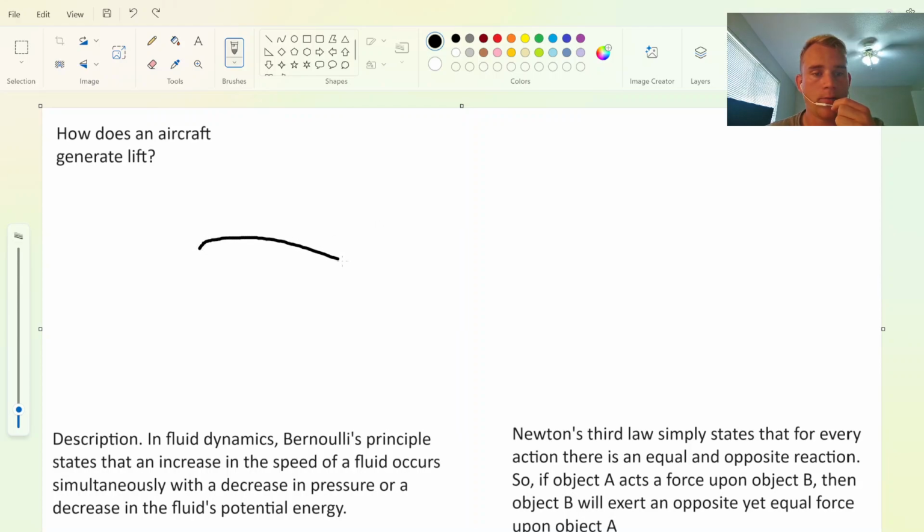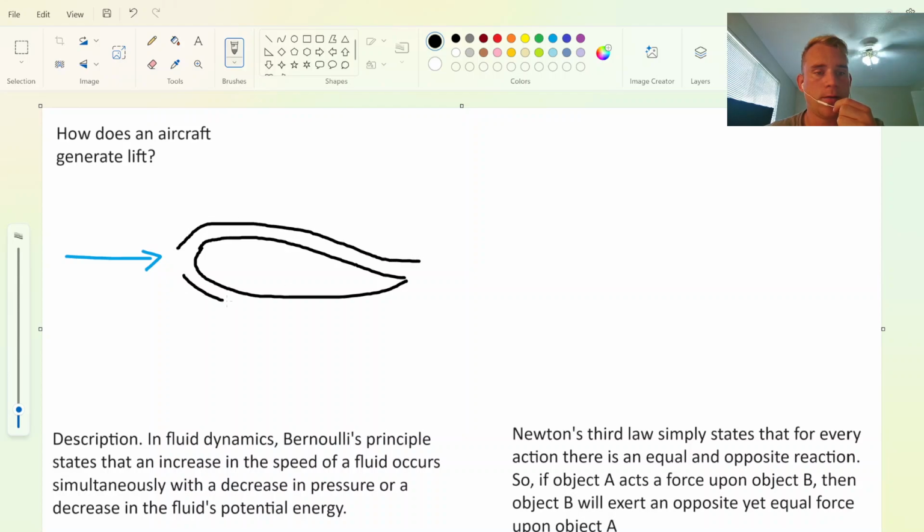So here's our airfoil. I can never draw. I don't know about you guys, but I always suck at drawing airfoils. I guess that's not too bad. We have to understand that when air hits the front, the leading edge of an airfoil, it generates two types of pressure: low pressure and high pressure.